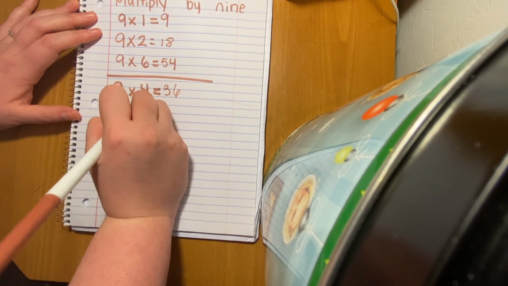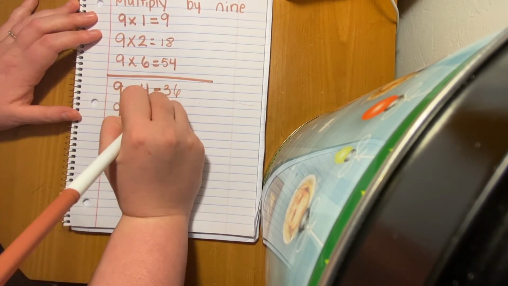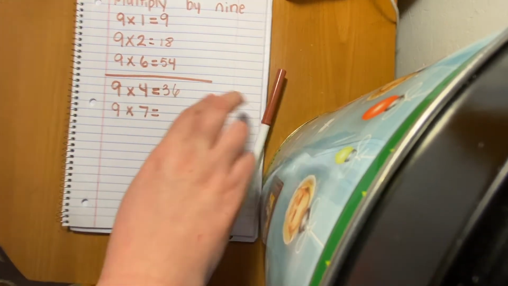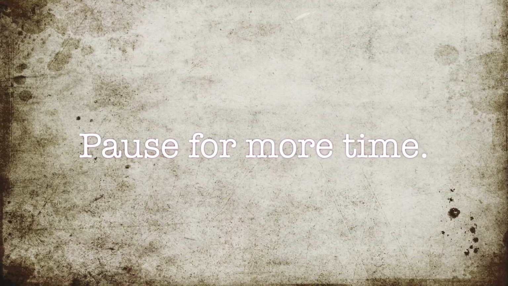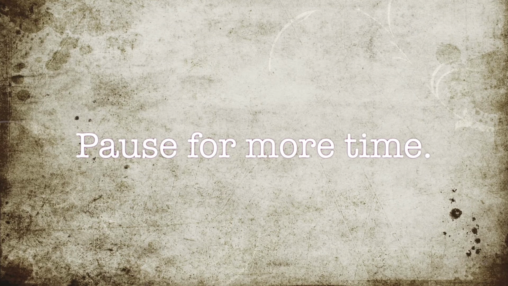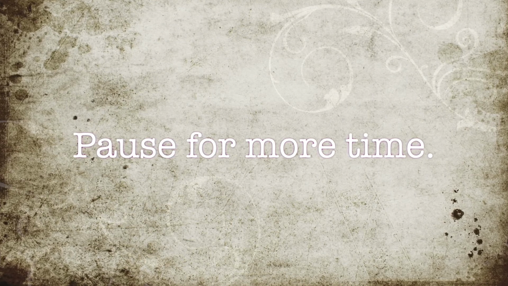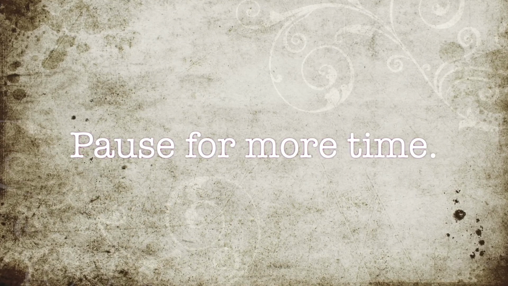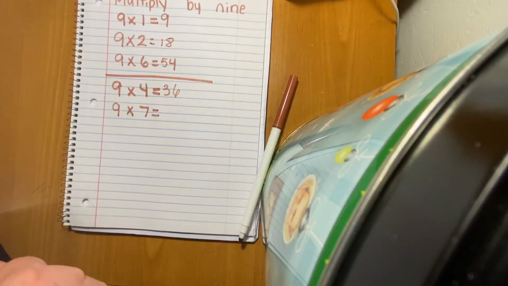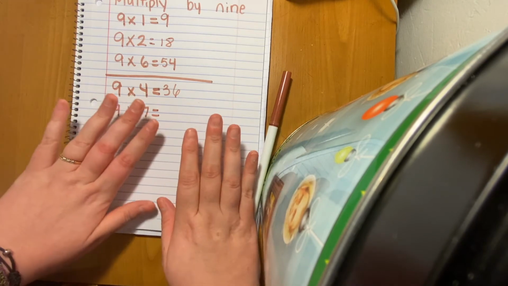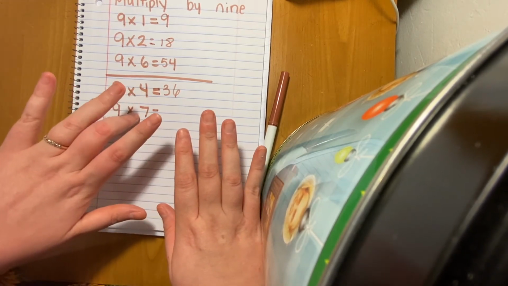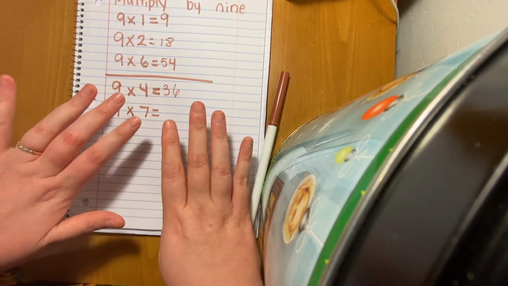9 multiplied by 7. Okay. I'll let you have some time to do this one on your own. Okay. So we have 9 multiplied by 7. So we have 1, 2, 3, 4, 5, 6, 7.